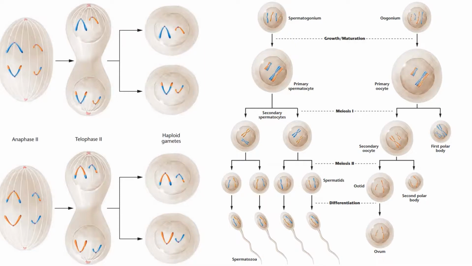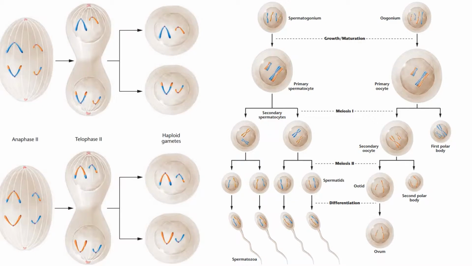called a spermatogonium. The spermatogonium matures into a diploid primary spermatocyte. And the primary spermatocyte undergoes meiosis. And after meiosis 1, the 2 daughter cells are known as secondary spermatocytes, and they are already haploid. Okay?